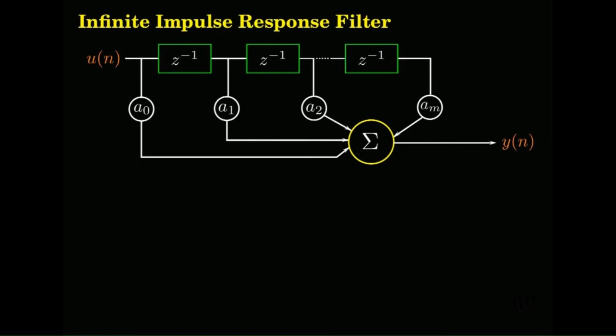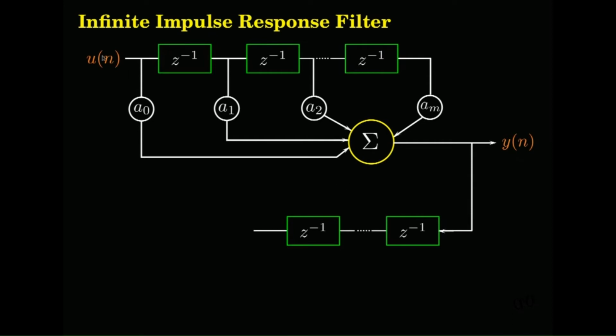Now, there is going to be an additional component coming into the picture, which means I am going to take a feedback. So, you tap off from the output and pass it through this unit delay, and there can be any number of unit delays coming into the picture from the feedback point.